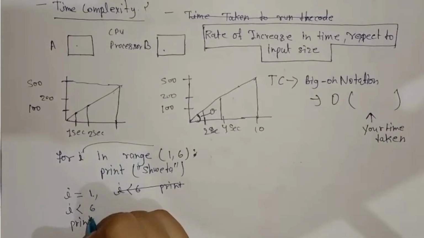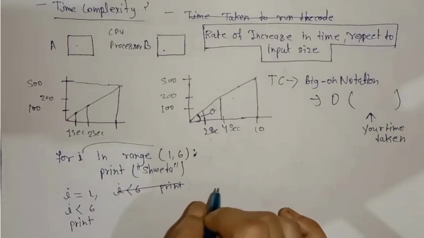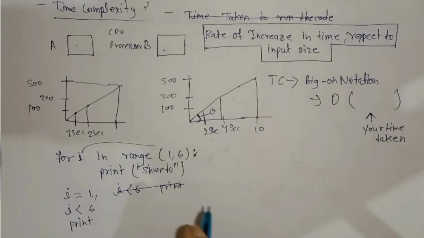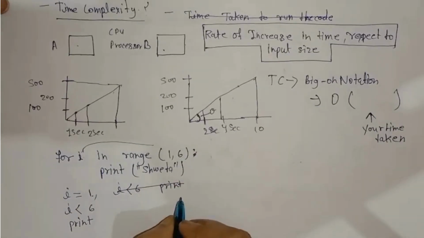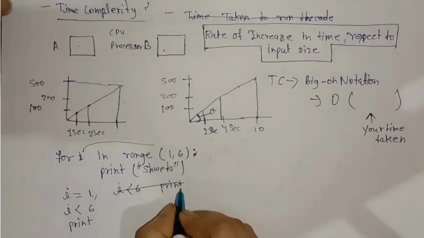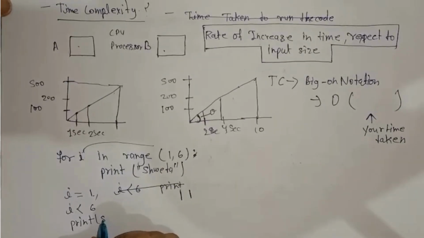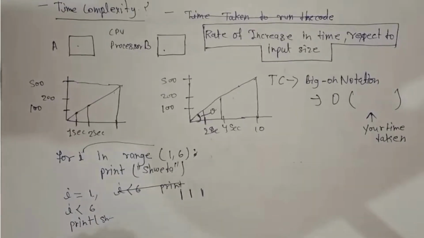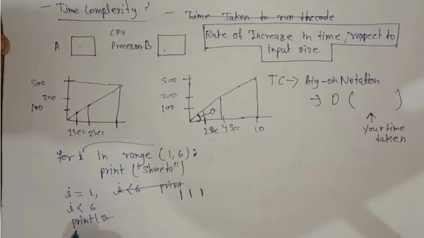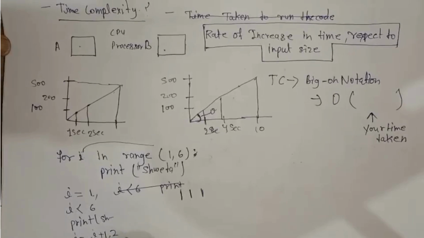So how many operations have happened? Everything done in the code is an operation. So i equals 1 is one operation, i less than 6 is the second operation, and then print is the third operation. Then i is incremented, i equals i plus 1, so the value of i is now 2, which is another operation.